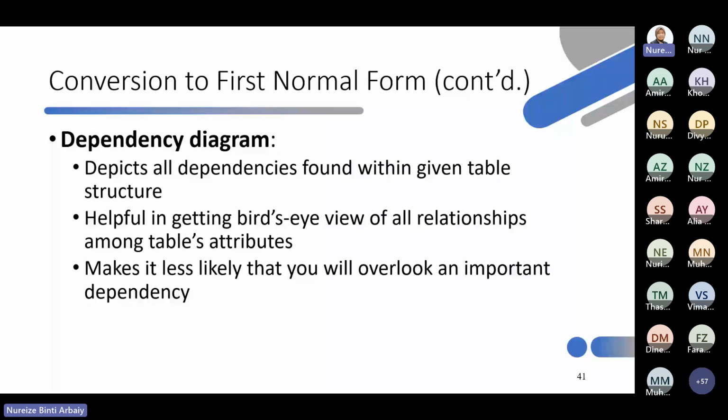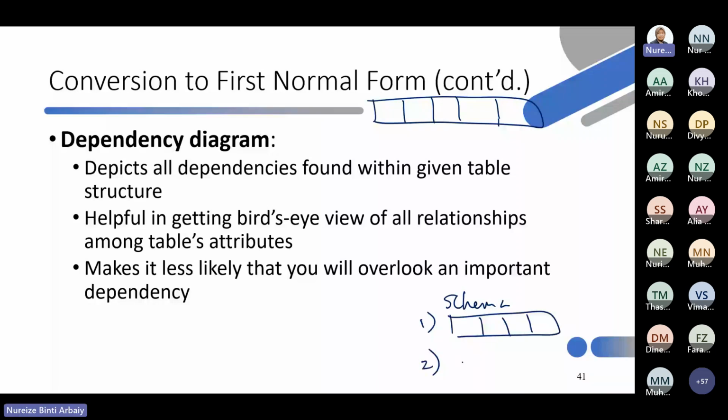If you want to use a schema, that also works. The dependency diagram is like a schema diagram. You remember we have two types of schema. First one, we use this form. And the second one is the table name and also the attributes: attribute 1, attribute 2, and so on.